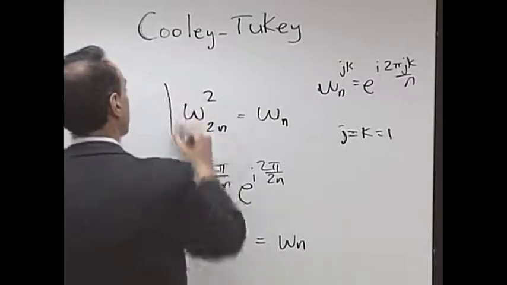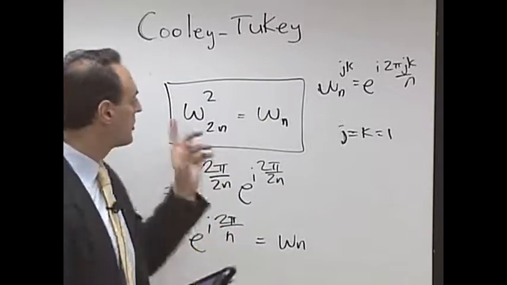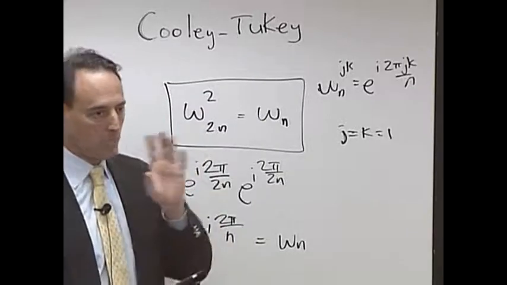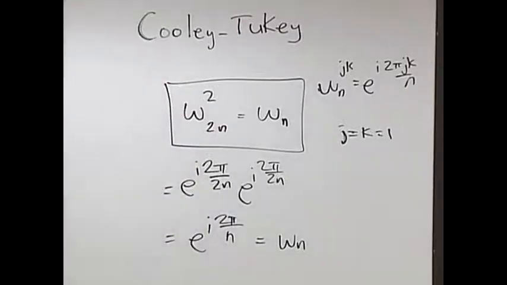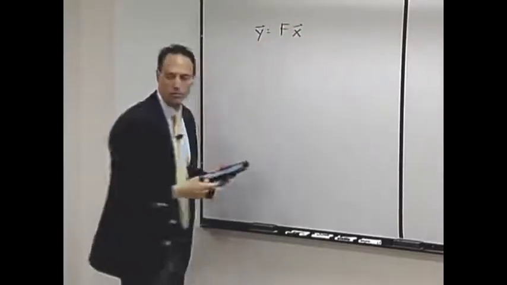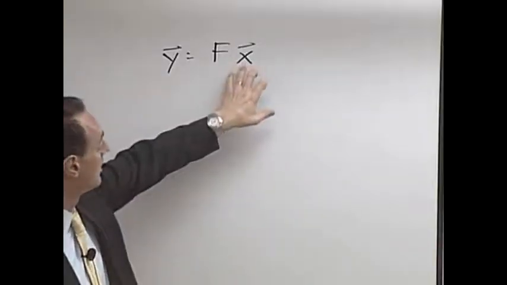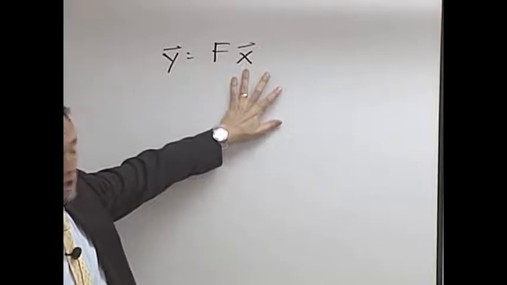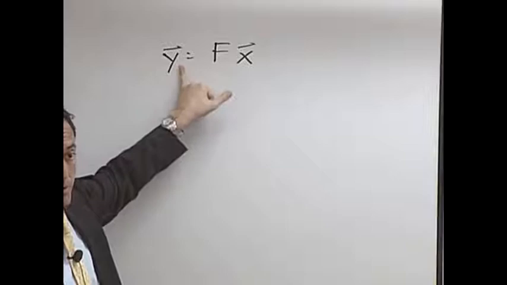But the consequence of this is enormous. Cooley and Tukey recognized it right away, that if this is true, then there are enormous consequences. And here's the number one consequence. If we think about representing our Fourier transform as something like this, which I had written down over there, you take x, you multiply by a matrix F, and you get a vector y, which is in the Fourier domain.